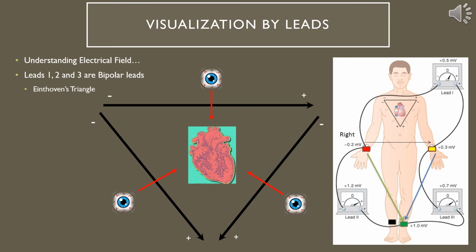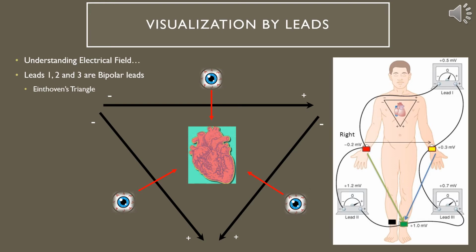Now, as this first one goes above the heart, from the right arm to the left arm, thinking systematically it's above the heart, the eye or the picture is looking at the EKG from the top of the heart. Looking at lead 2, which is the one over here on the bottom left, goes from the right arm to the left leg.